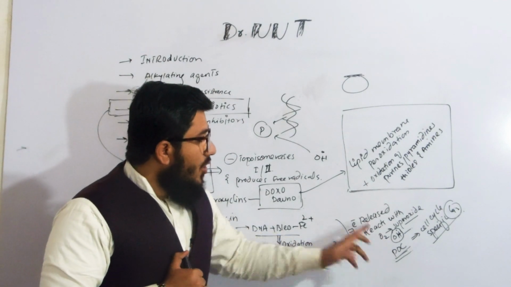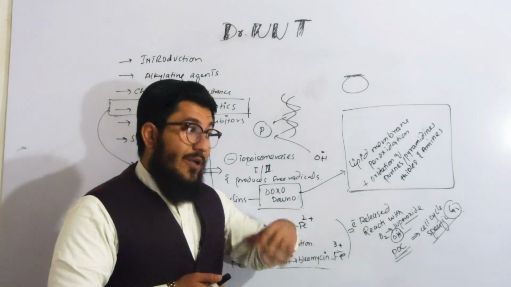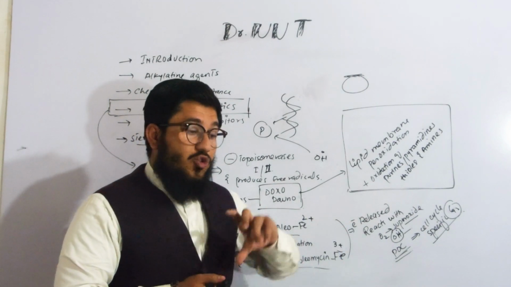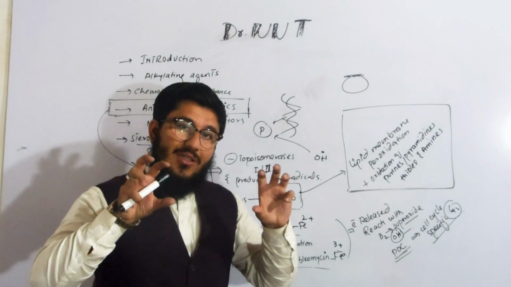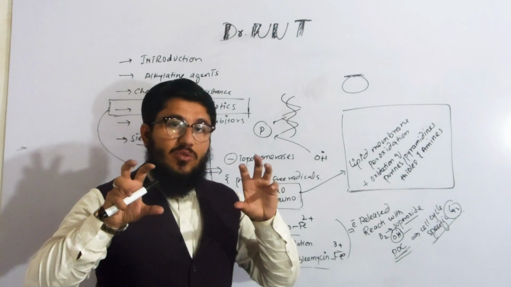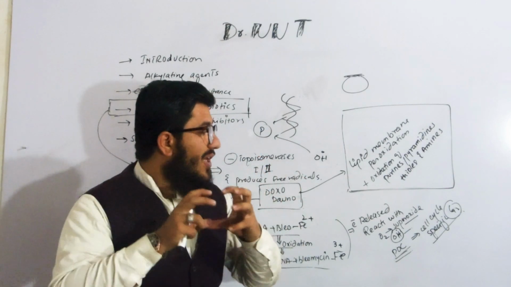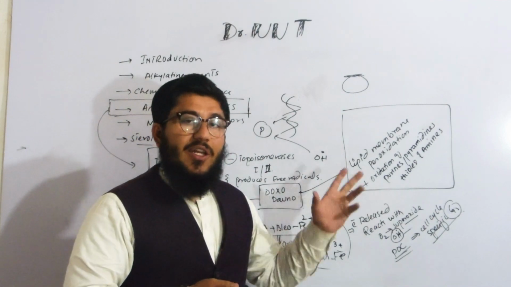Now this radical and the superoxide oxygen, these two will target the phosphodiester linkage of the DNA.